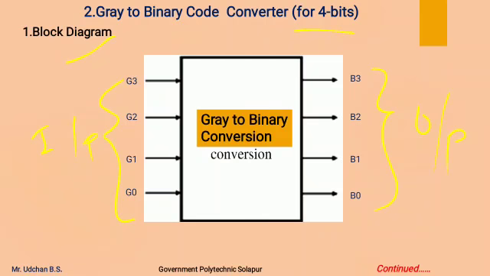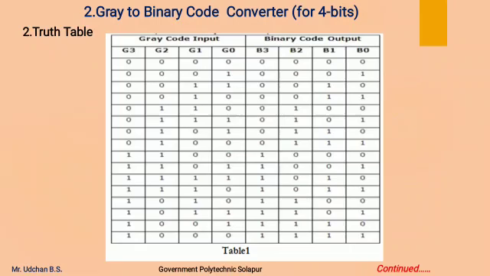The gray inputs are G3, G2, G1, G0, and the binary outputs are B3, B2, B1, B0. After this, we can have a truth table which consists of gray code input and binary output.